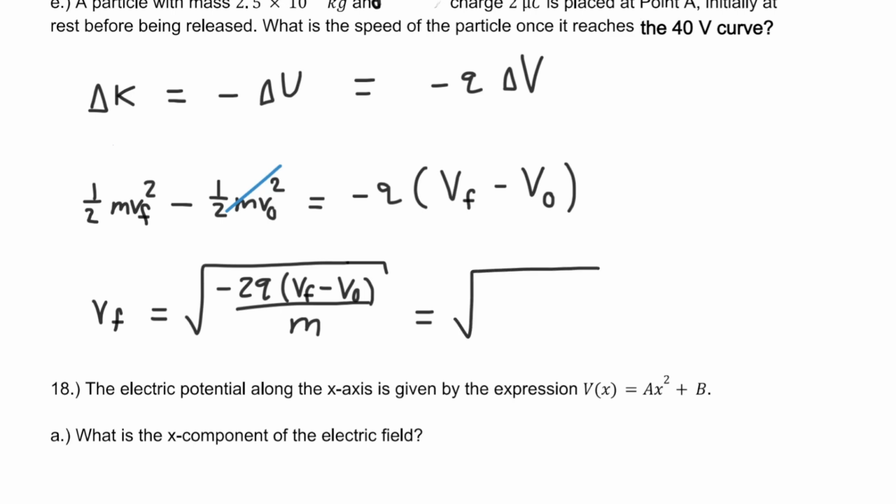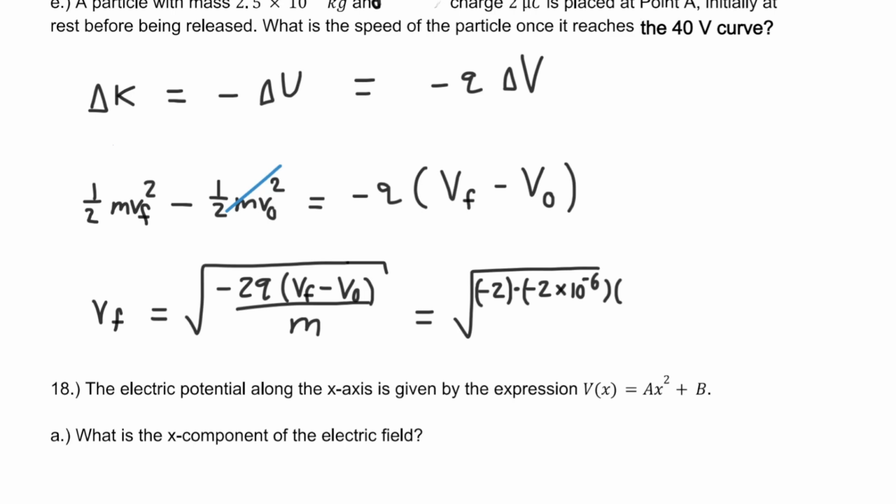So now working everything out, we get negative 2 times our charge, which was also negative 2, but microcoulombs, so we can't forget the 10 to the minus 6 here. And then we have our change in voltage.